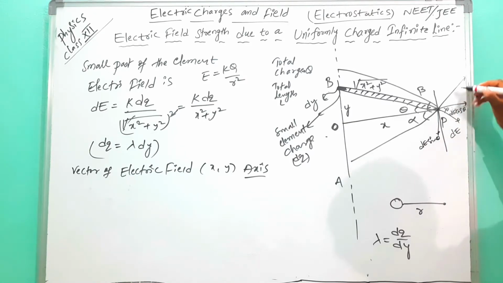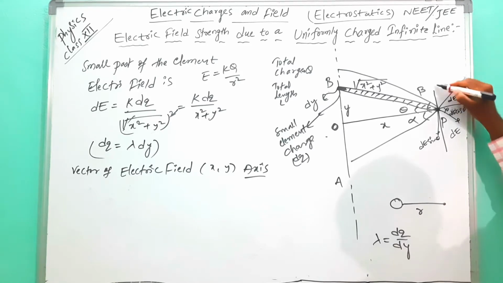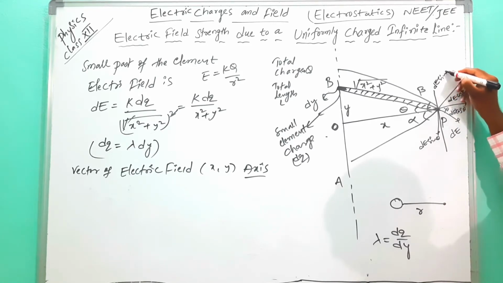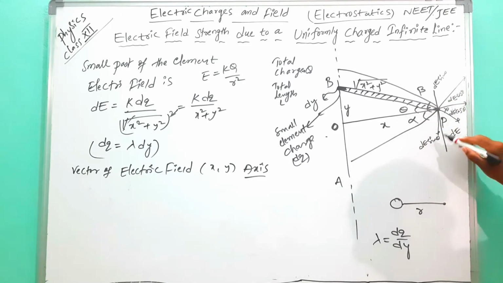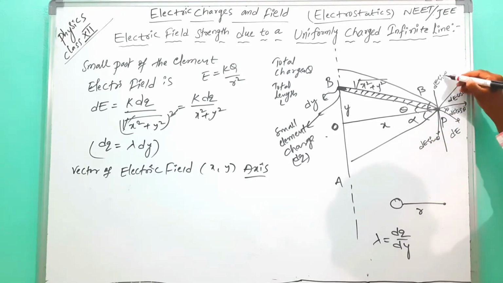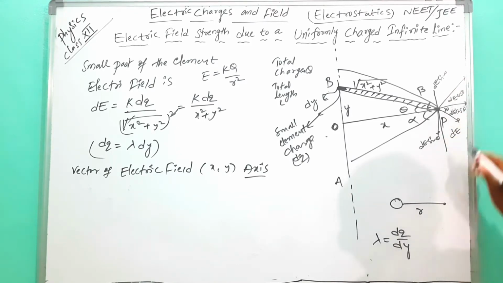The two do not cancel, because they are actually different angles, so I am not cancelling both. So this is dE sin theta and this is the horizontal component dE cos theta. Clear na students up to this point?